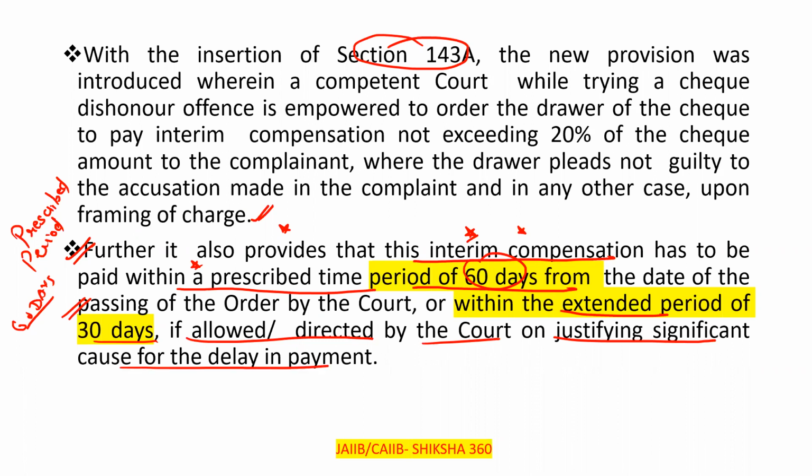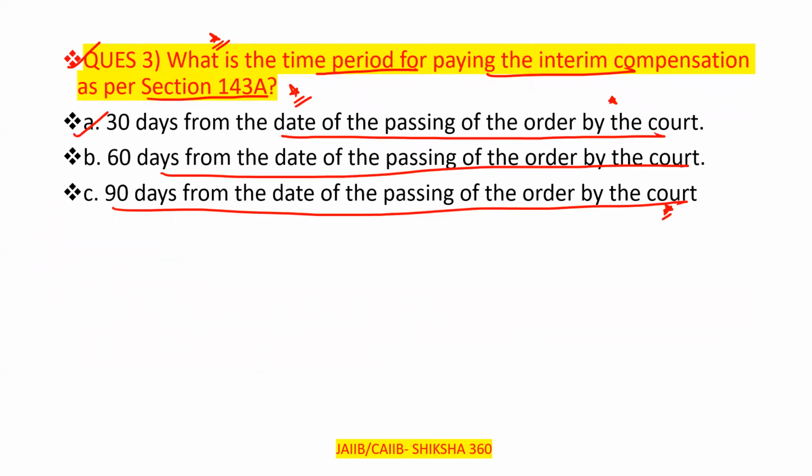Earlier it is given to be 60 days, but if they find that there is a genuine reason for not being able to make the payment, they will extend that time period a little, and that extension is of 30 days. So now what will be the answer of this question?